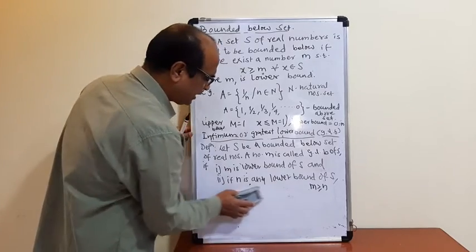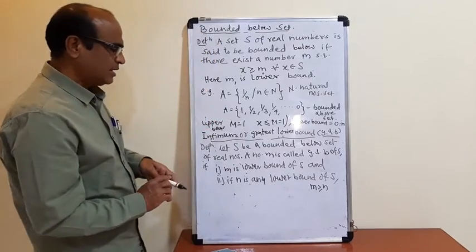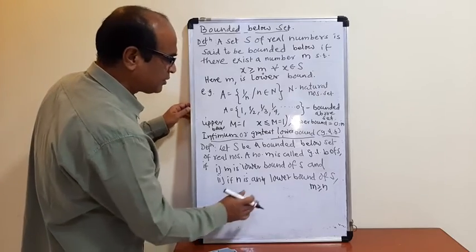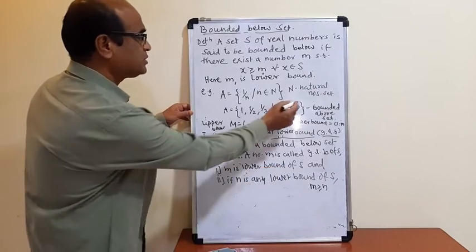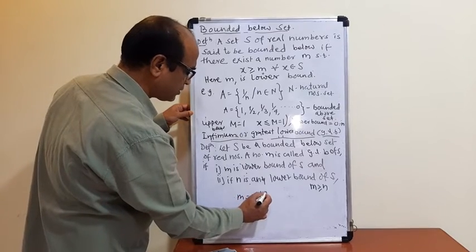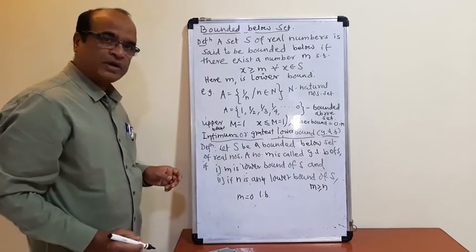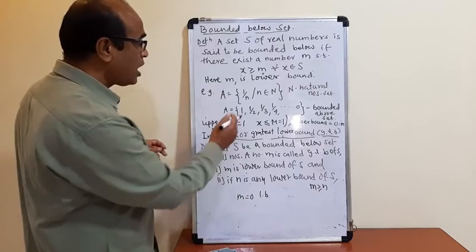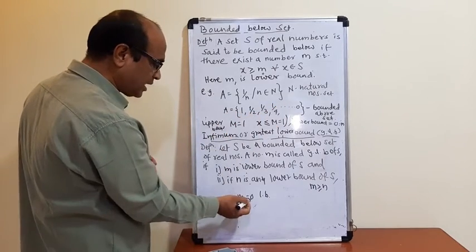So we take an example of this. What is the infimum? m equal to 0 is a lower bound, since all the elements of this set are greater than or equal to 0.